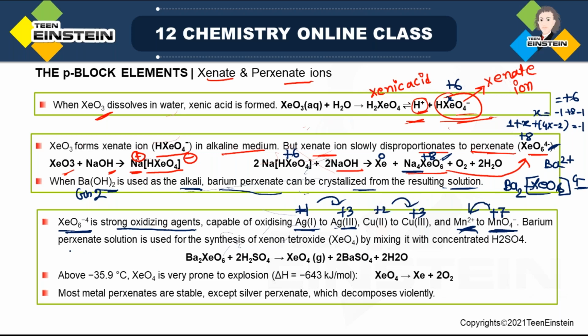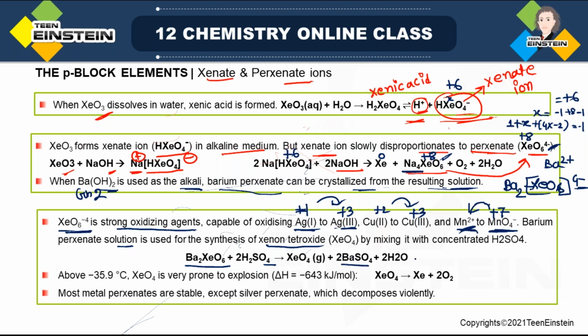Then barium perxenate, which we have already discussed in the previous part, can be crystallized from the resulting solution. So this can be used for the synthesis of xenon tetroxide, XeO4. How? If you take barium perxenate and add sulfuric acid, barium is removed and forms barium sulfate.